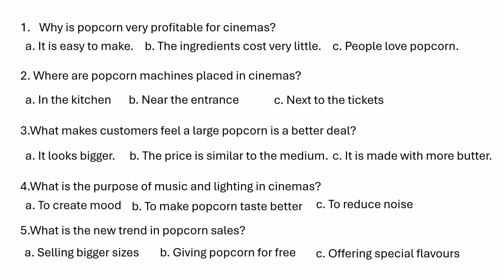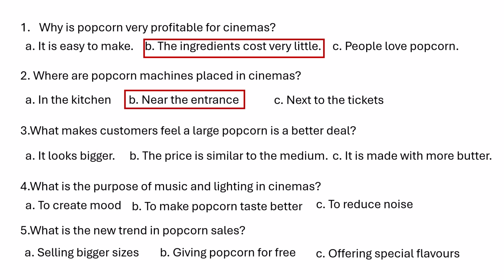Here we go. The first one, why is popcorn very profitable for cinemas? The ingredients cost very little. So I hope you have got this answer correct. Next one, where are popcorn machines placed? Near the entrance. What makes customers feel a large popcorn is a better deal?